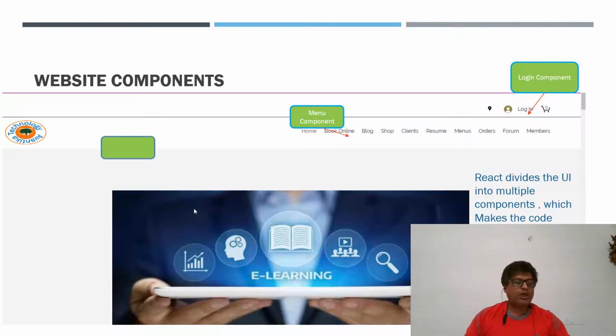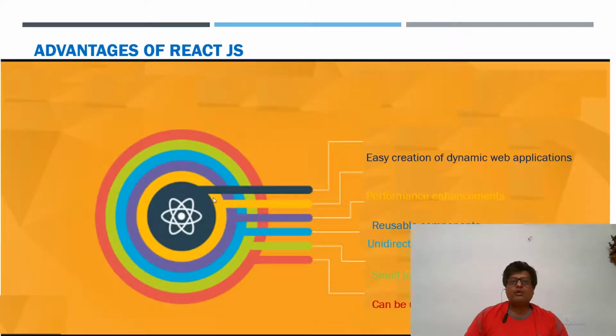Suppose we just want to know what the advantages of React are. The first advantage is that React is very easy to create, and it has a dynamic nature. You can say that it is a dynamic web application. And the performance is very good.